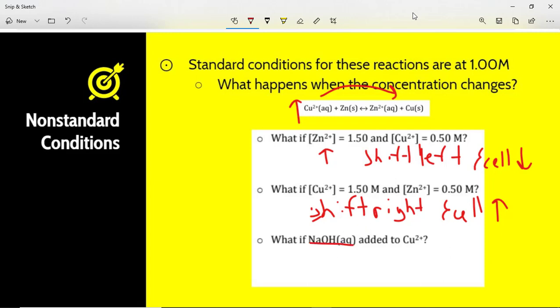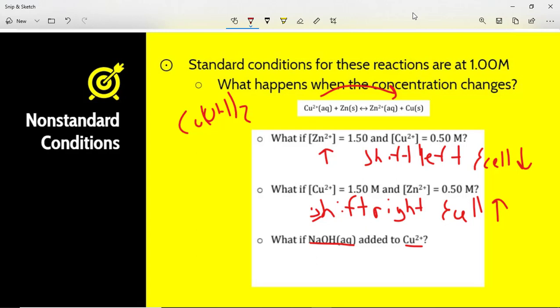What if I add NaOH? What if I added a base to copper ions? Well, if we remember, we talked about how acids and bases impact solutions here. So if I add OH here to my copper ions, that actually reduces the number of copper ions in solution because Cu and OH are going to react, right, to produce the weak base here.